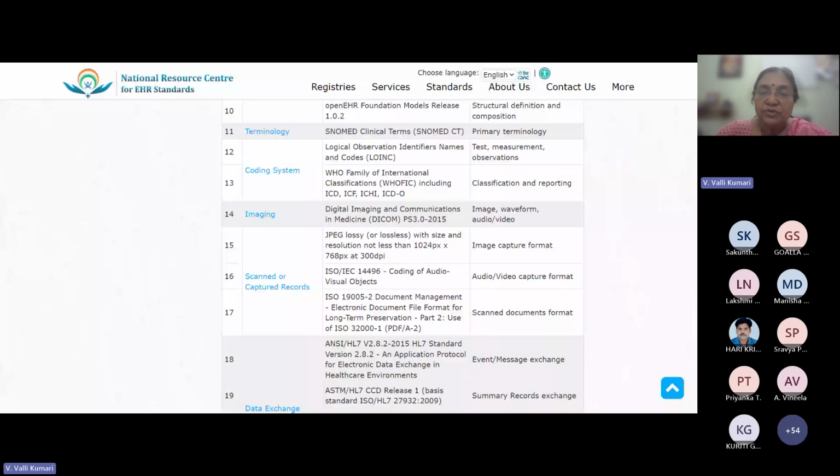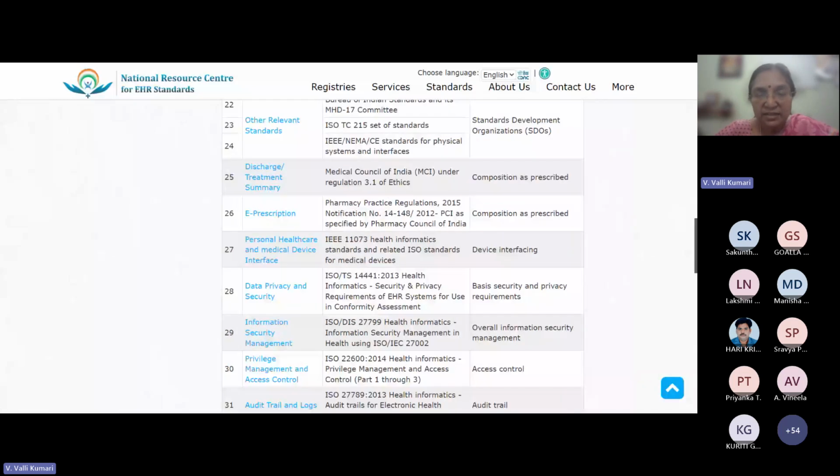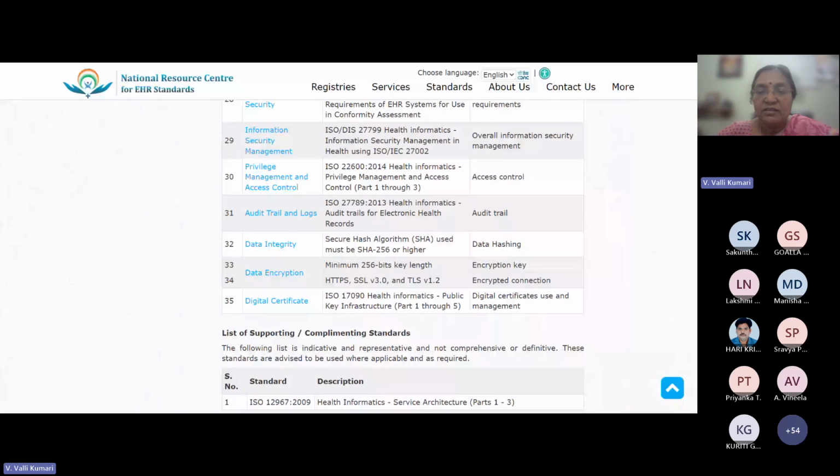If someone is performing an angiography, then they give you a video, right? So what that video format should be, there are standards. Every data that is generated is as per some standard. Any device manufacturer who captures data for health related applications needs to follow these standards.